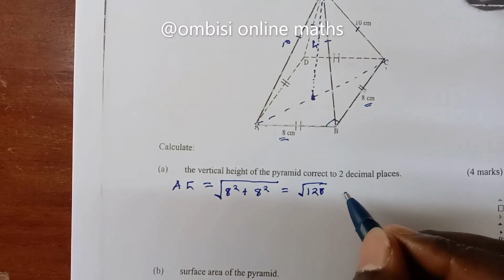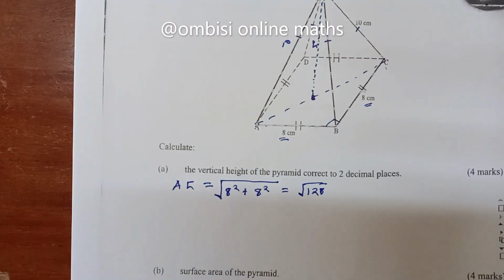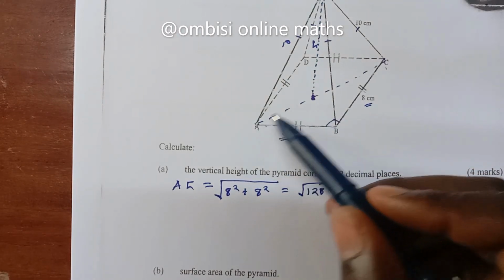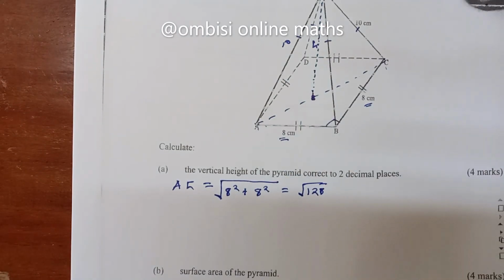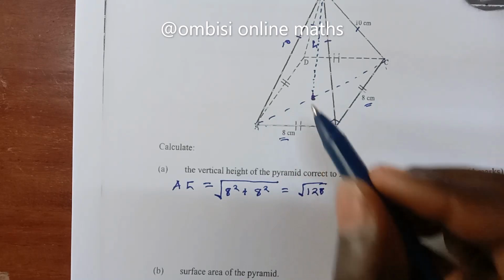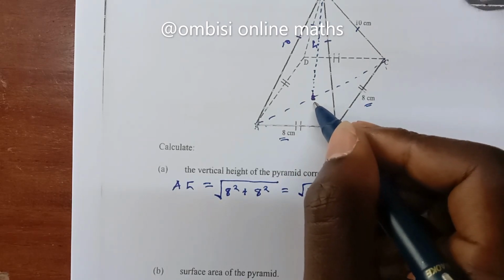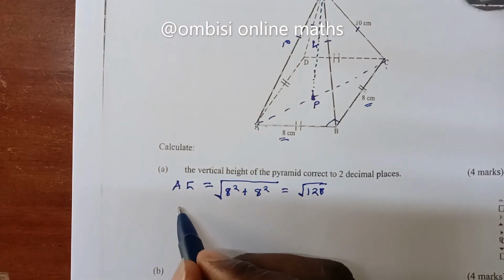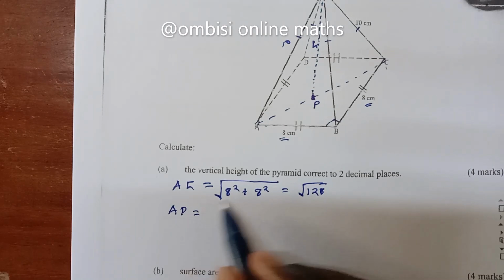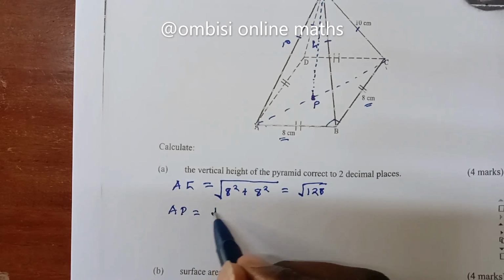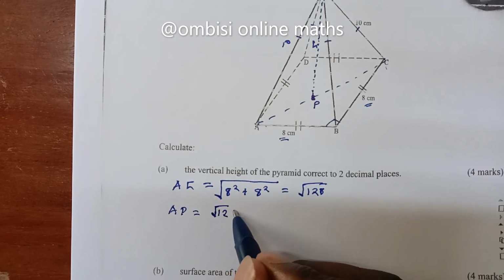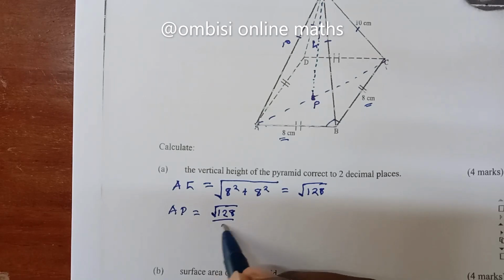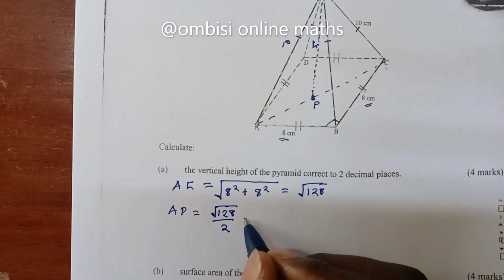Now, after finding AC, you can look for half of this. So half of this, that is A up to the point P. So for us to find AP, you take half of AC. So it is the square root of 128 divided by 2, centimeters.